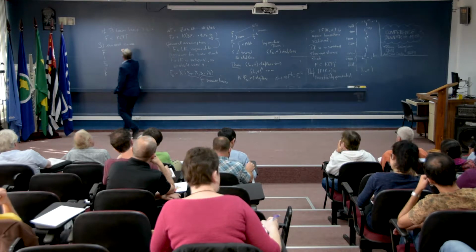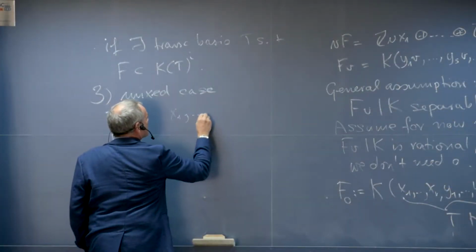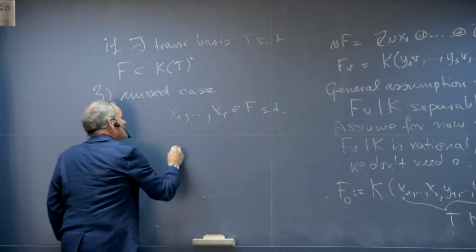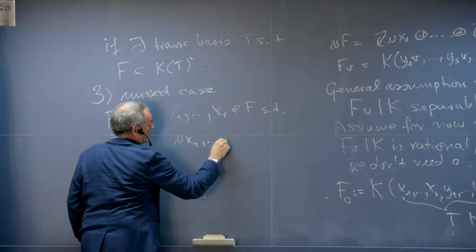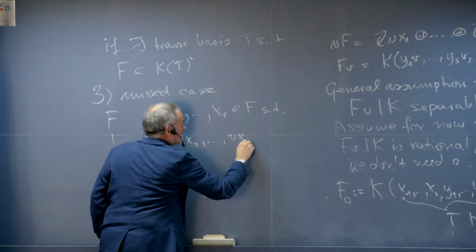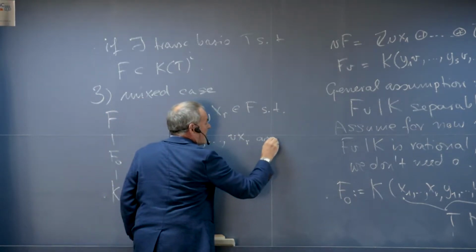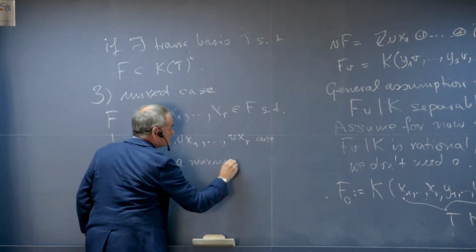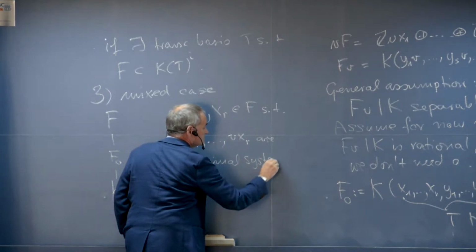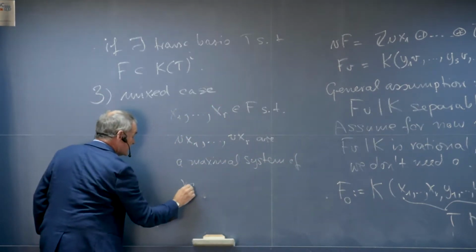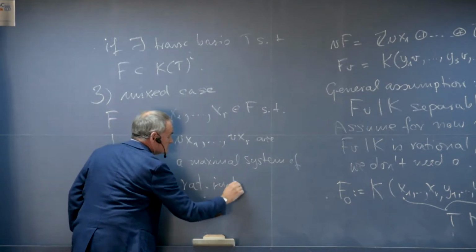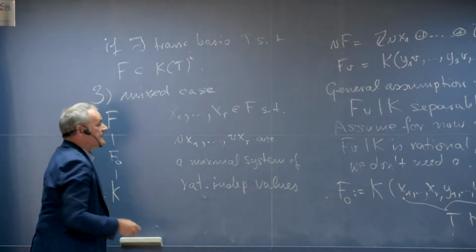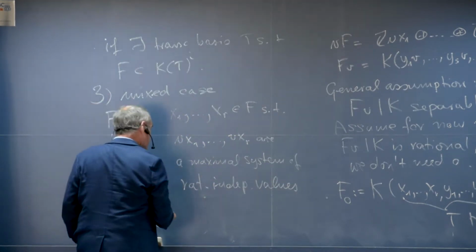But we take x1 to xr in F such that their values are a maximal system of rationally independent values, because the rank is still finite of the value group of F.